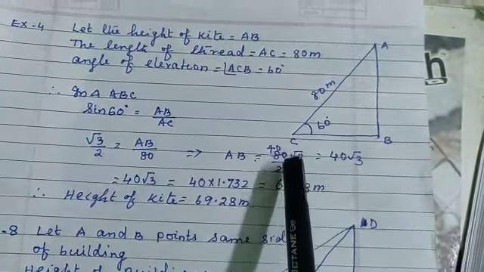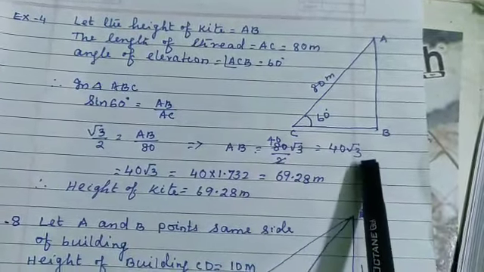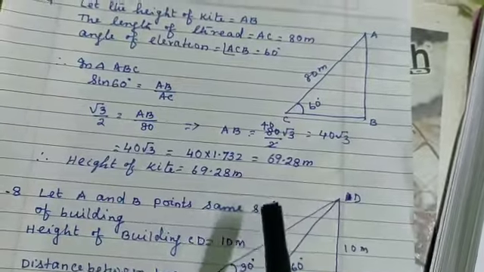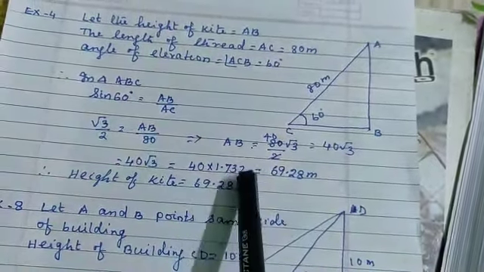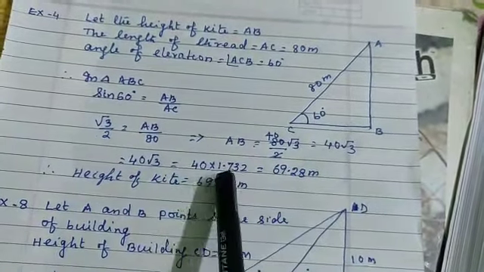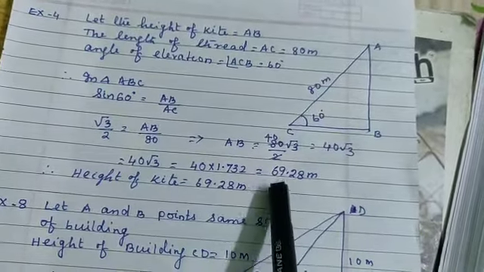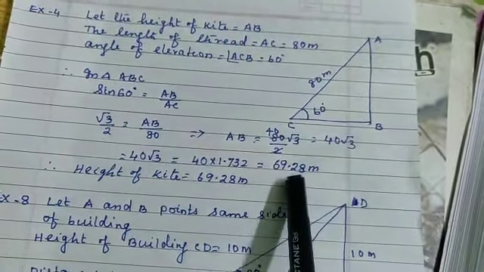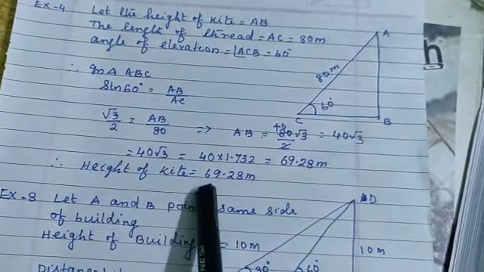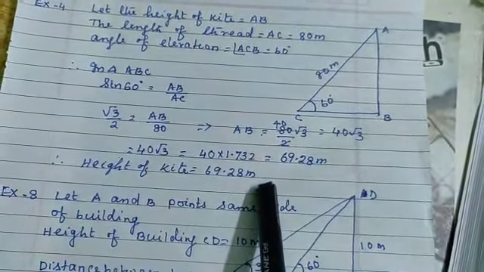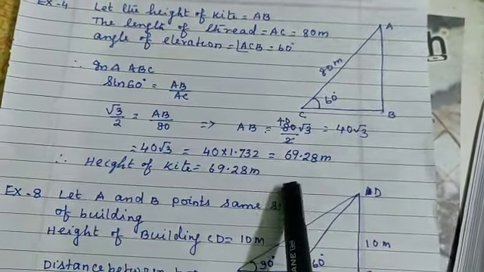After reducing 80 by 2, that is 40 root 3. Now substituting the root 3 value 1.732, we get 40 into 1.732 is equal to 69.28 meters. Therefore, the height of the kite from the ground level is 69.28 meters.